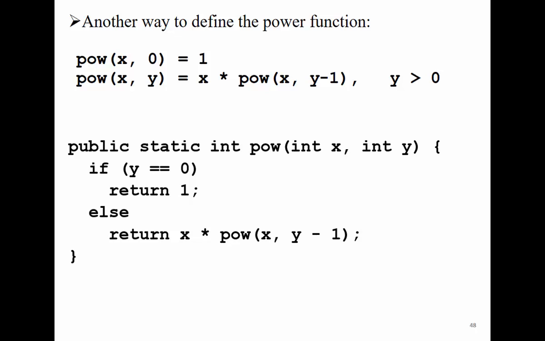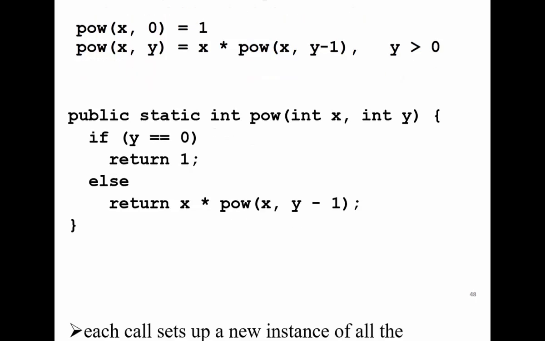So if y is equal to 0, we return 1, not x is equal to 1. So we have one recursive call, x times power of x to the power of y minus 1. You can see here in the recursive call, we reduce the power by 1 each time until we reach the base case where y is equal to 0.